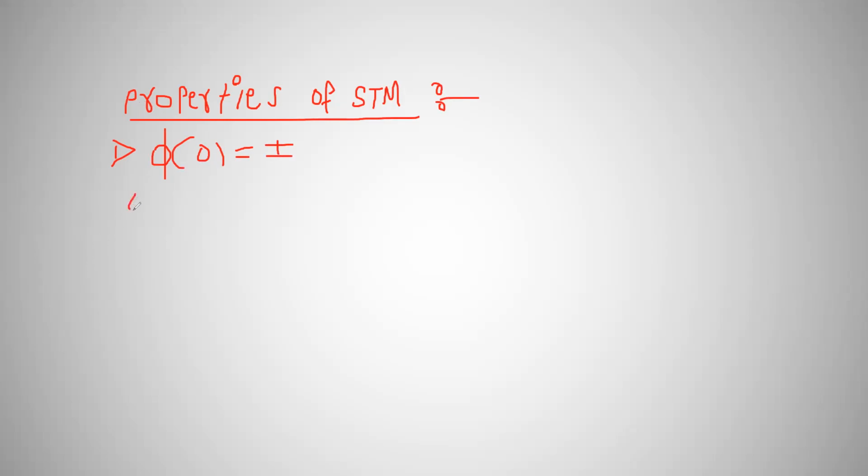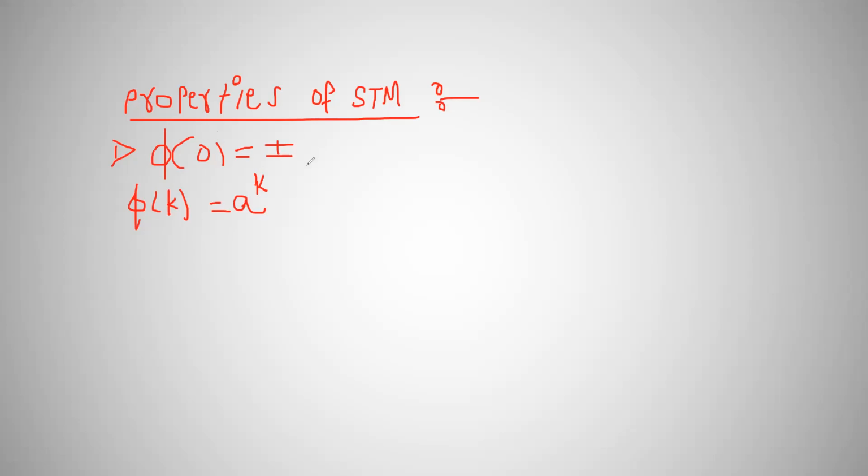What is the statement of the state transition matrix? Phi of k is equal to A power k. So what is the first property?